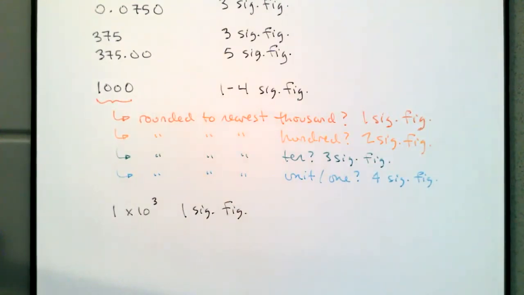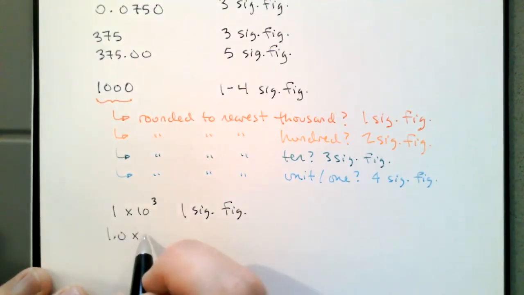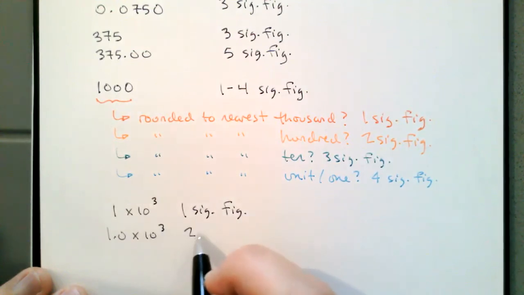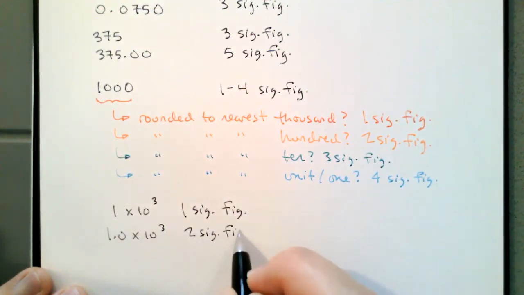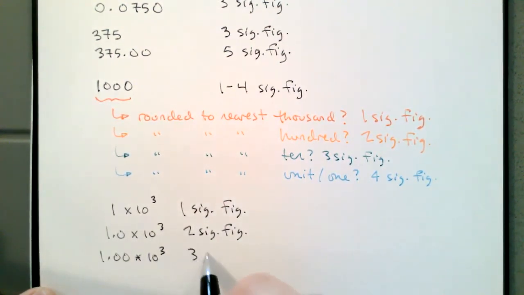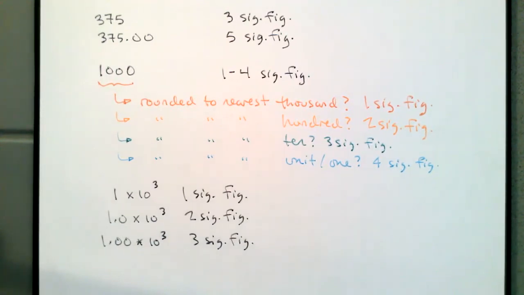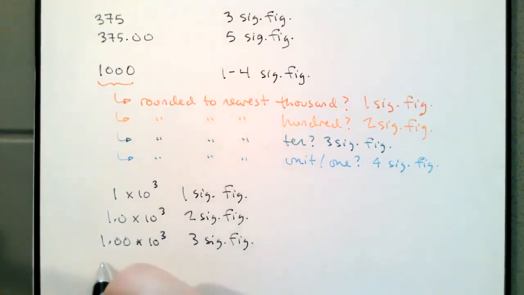If I want to write 1000 with 2 significant figures, then I could write 1.0 times 10 to the 3rd. 1.00 times 10 to the 3rd has 3 significant figures. And if I round it to the nearest unit, and I want to demonstrate to my audience that I have rounded this to the nearest unit, I will write it with 4 significant figures.